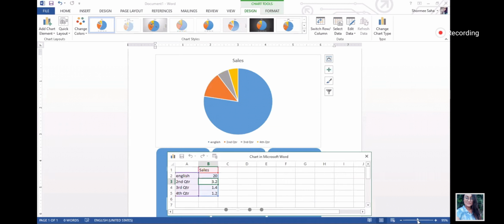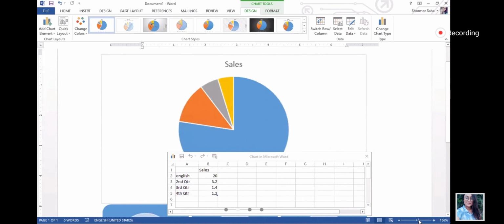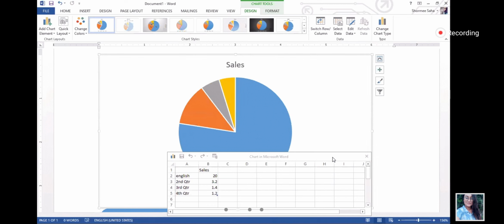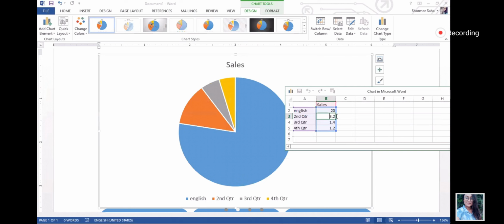One thing you notice here is that whenever I'm updating the list, the pie chart will update by itself. Now in the second quarter, suppose I'm changing the value. Now I'm giving the value, suppose 35.